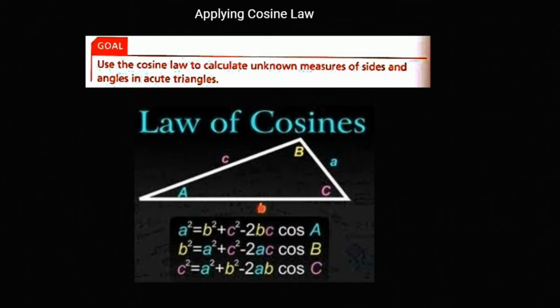And b squared equals a squared plus c squared minus 2 times ac cosine B. And c squared, this side, equals a squared plus b squared minus 2ab cosine C.